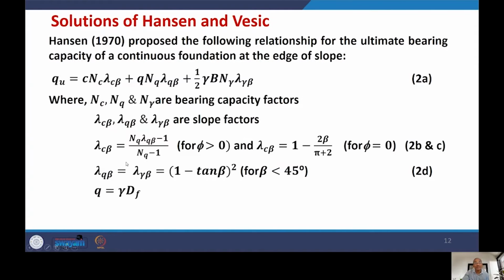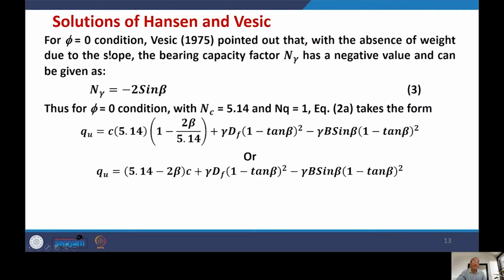Now continue with that. We have talked about how to determine lambda c beta, lambda q beta, and lambda gamma beta. But how to determine the value of N gamma, which is coming in the equation, is not discussed. So we need to find the value of N gamma. N gamma is given for phi equal to 0, that means for cohesive soils.